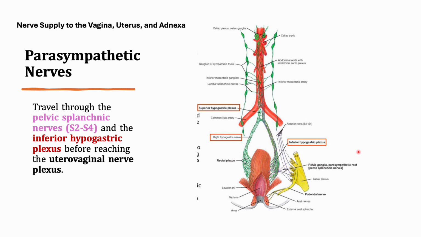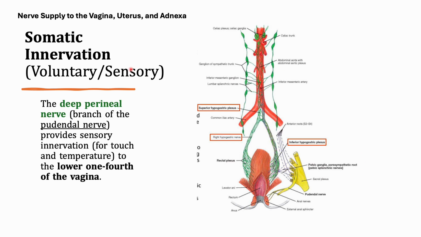Now we're still on the vagina, uterus, and adnexa, but now we're going to talk about somatic innervation and what the difference is between somatic and visceral. So we'll start with somatic. Somatic innervation is voluntary and sensory. So what is the somatic innervation of the vagina, uterus, and adnexa?